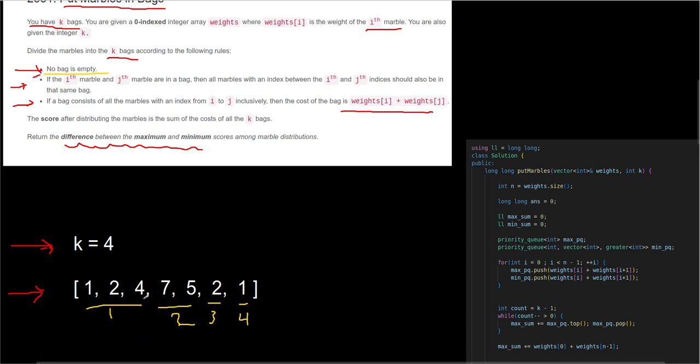That means after the end of the first bag, we start the next bag with the index plus 1. For example, here we start bag 3 at the end of the second bag plus 1, and here we start bag 4 at the end of index 3 plus 1.